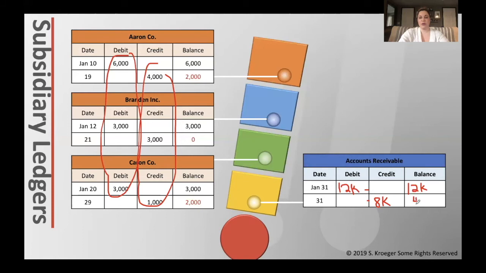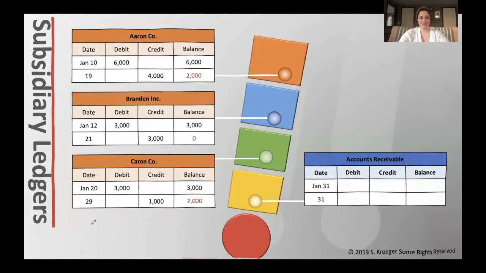We were only owed $4,000 by the end of the month. We can double check our work by adding up the balances of all the accounts. Aaron Co. owes us $2,000, Brandon Inc. owes us nothing, and Karen Co. owes us $2,000. When you add these up, we get 4,000, which equals our balance here of 4,000. That's how we know we did this correctly.